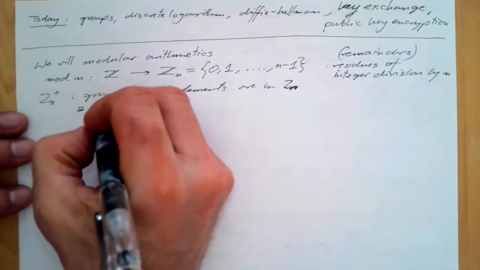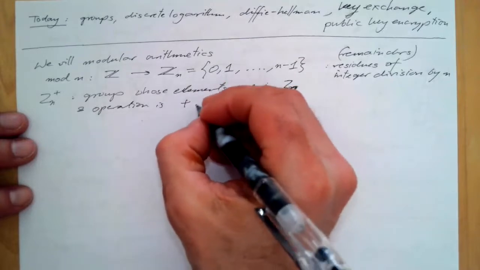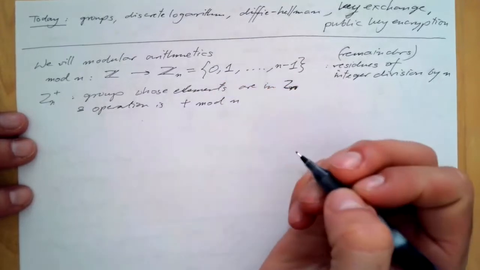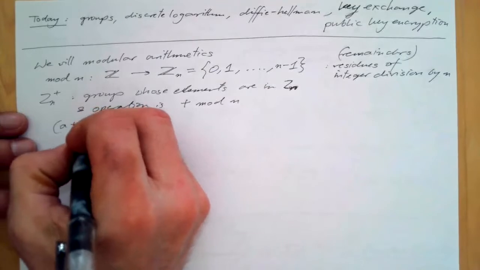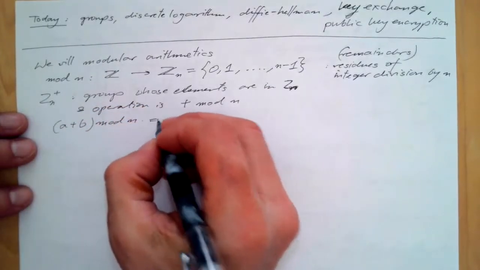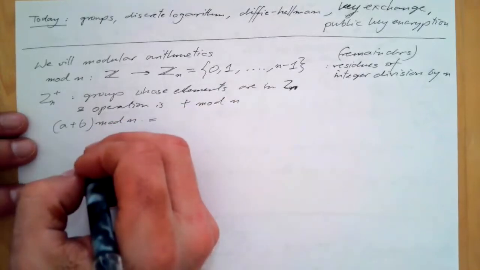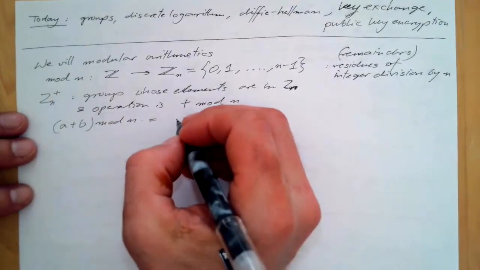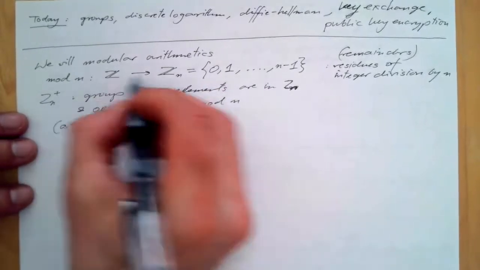The operation is addition mod n. What's the addition mod n? So a plus b mod n is this function.